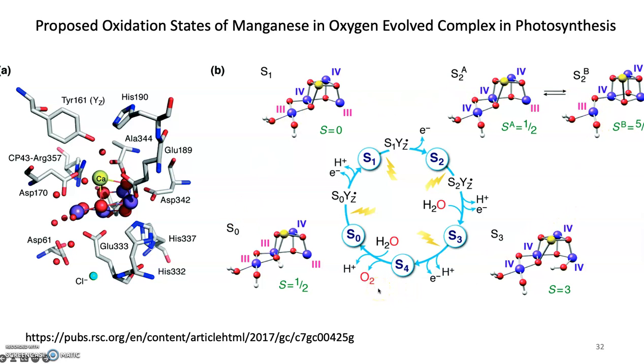Scientists spend most of their time searching for the oxidation state, or the ionic charge, of manganese in each state. Up until now, I don't think there's an agreement among scientists on the oxidation state of manganese in each state. You can find detailed information about manganese ionic charge through this publication here.